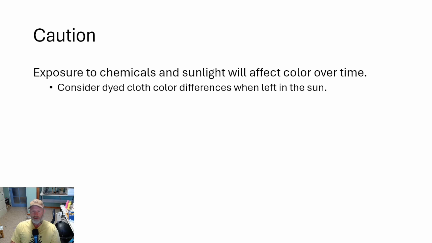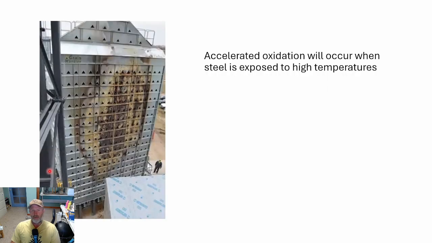You could say the same thing about chemicals such as exposure to pool water. So make sure not to misinterpret color changes that may be associated with heat due to fires, when in truth they're actually associated with natural processes or introduction of chemicals to the environment.